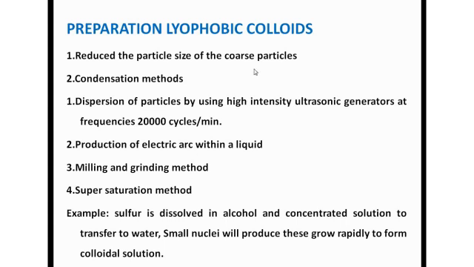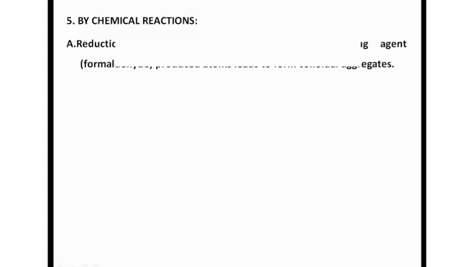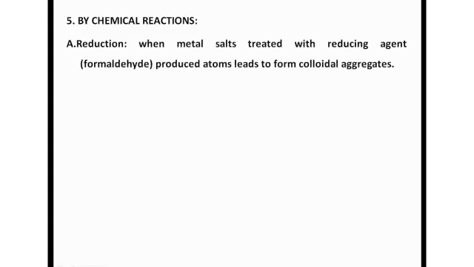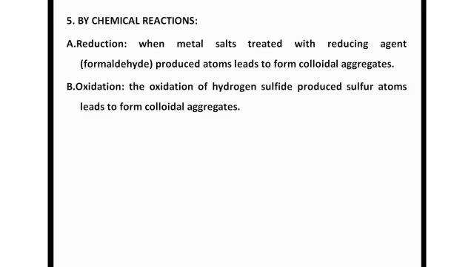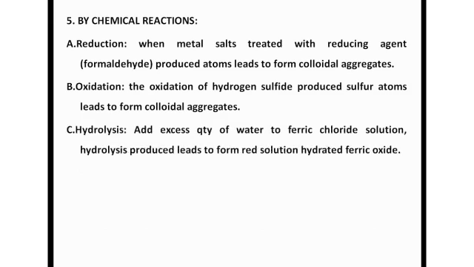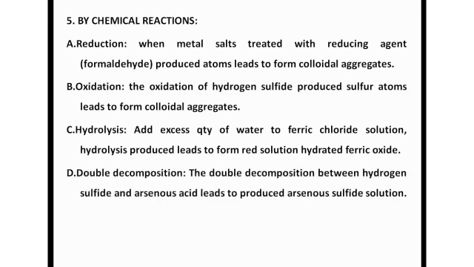Milling and grinding is similar to the first one. Supersaturation method, by this you are going to get lyophobic colloids. And similarly, reduction using formaldehyde, oxidation as discussed earlier, and hydrolysis. So that's all for the lyophobic colloids. Next one is the double decomposition. The last one is a double decomposition between hydrogen sulfide and arsenous acid. We have already discussed, it will form the arsenous sulfide solution.